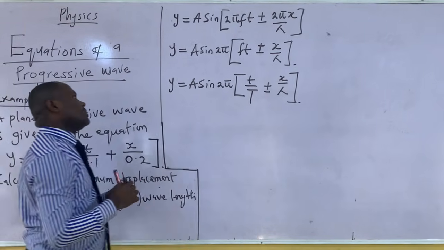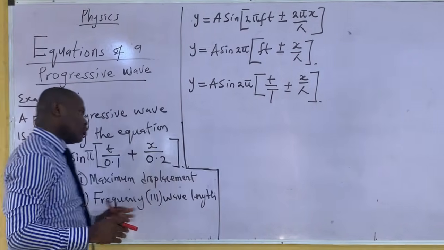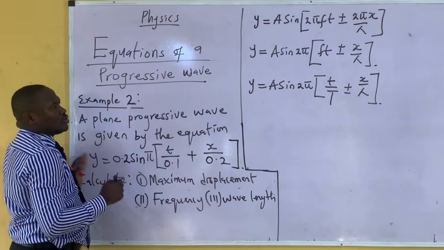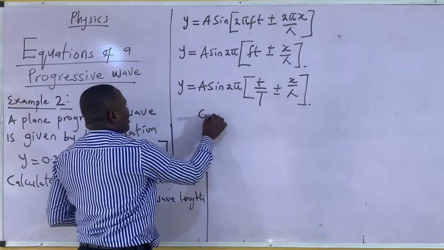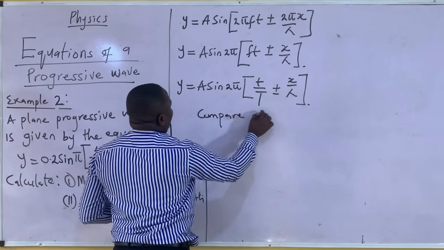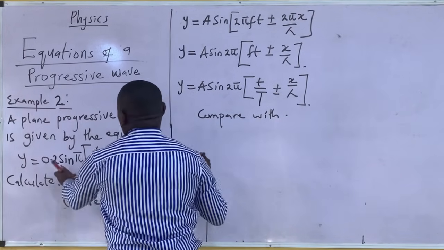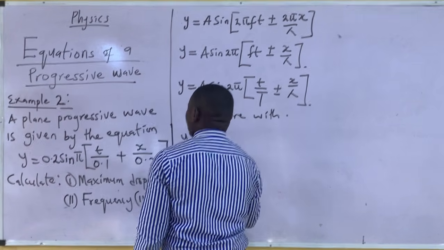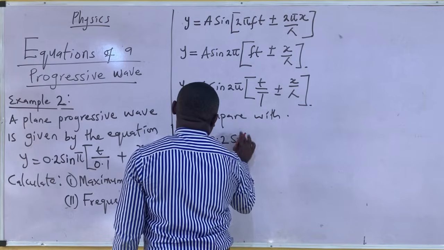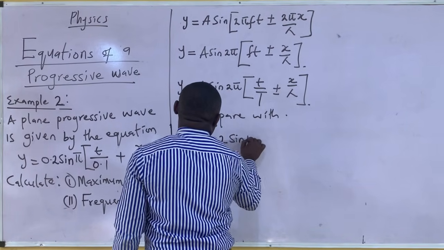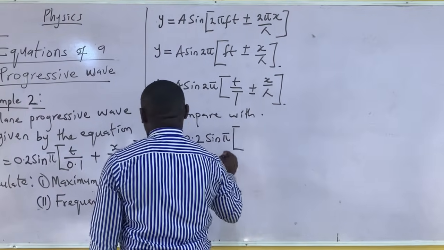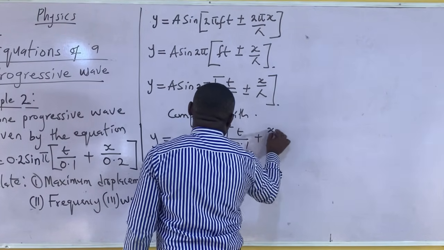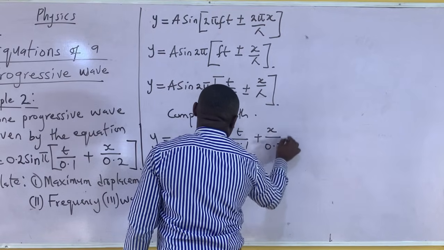So originally, this equation looks like what the question here is given. So compare with what I'm comparing with, y is equal to 0.2 sine pi open bracket t over 0.1 plus x over 0.2.